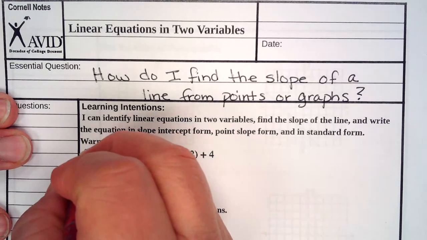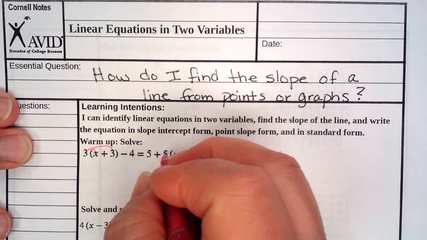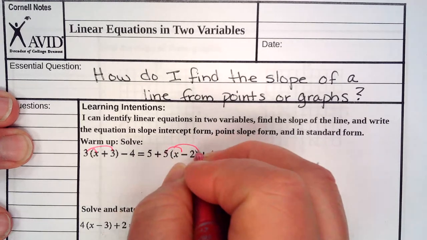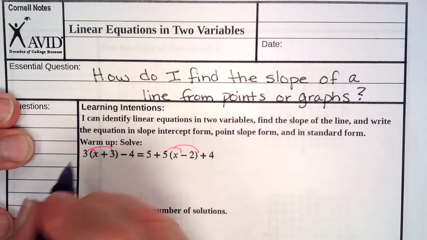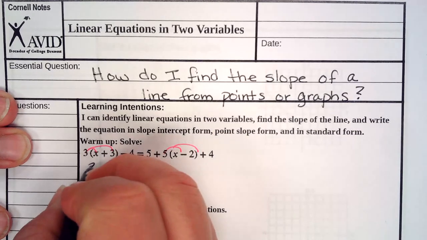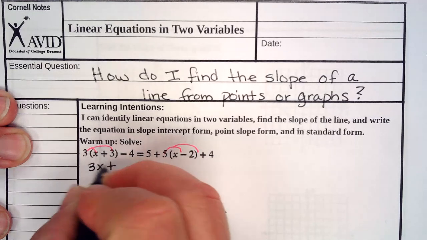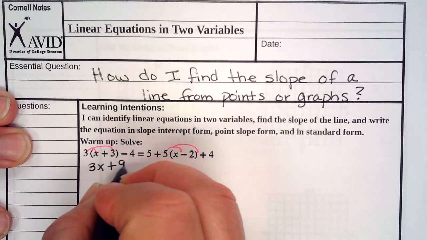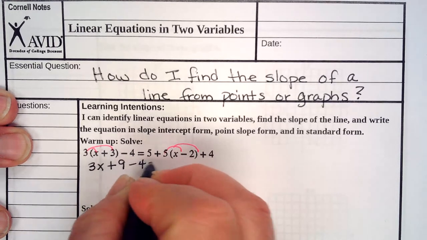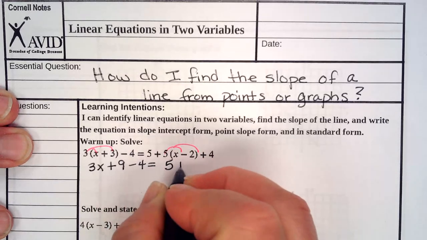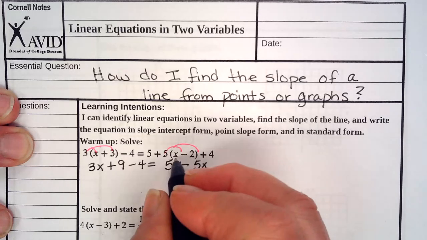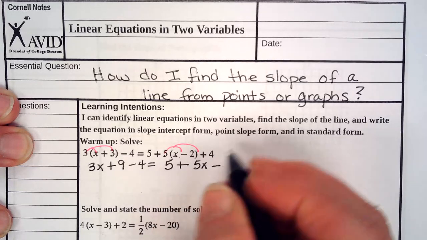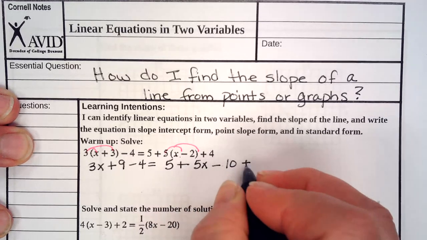Step 1, we have to distribute. So let's start. 3 times x is 3x, plus 3 times 3 is 9, minus 4 is equal to 5 plus 5 times x is 5x, minus 2 times 5 is 10, plus 4.